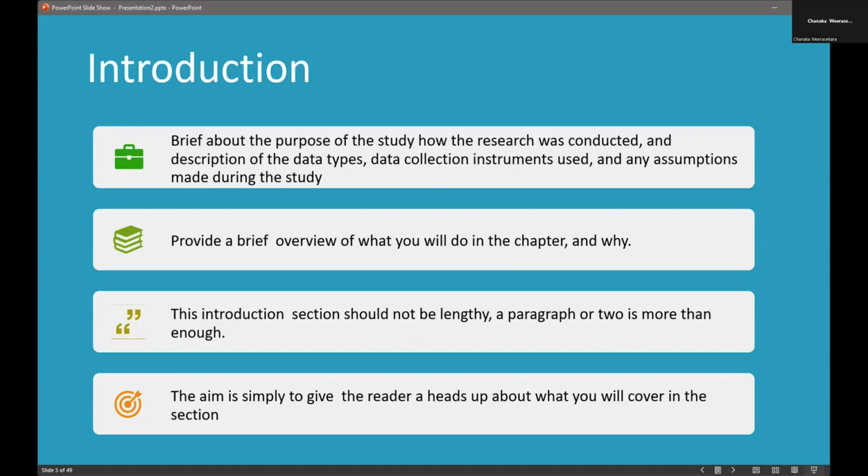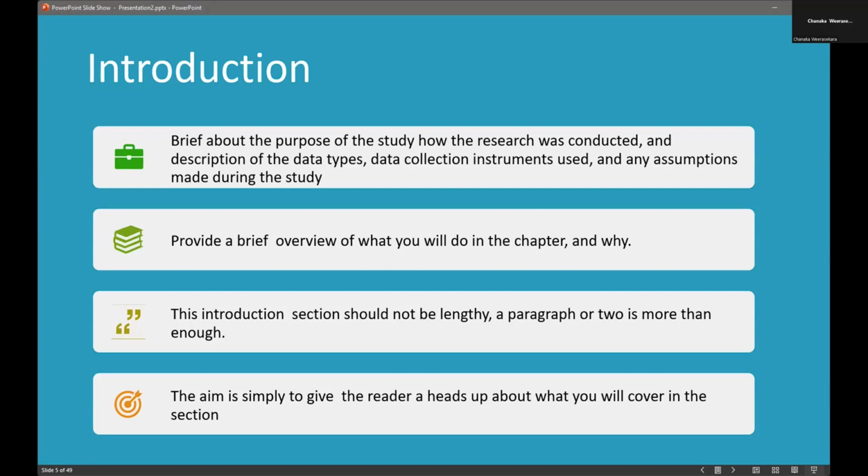So the first paragraph should be more like a summary of the whole research taken into a small paragraph: what the research is, the main purpose, objectives, questions, and what sort of methodology, the design, type of data collection, instrument, and any other features.